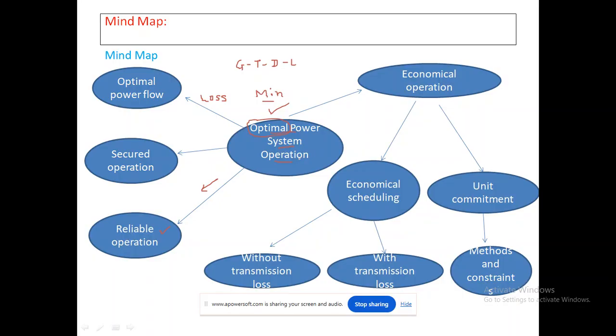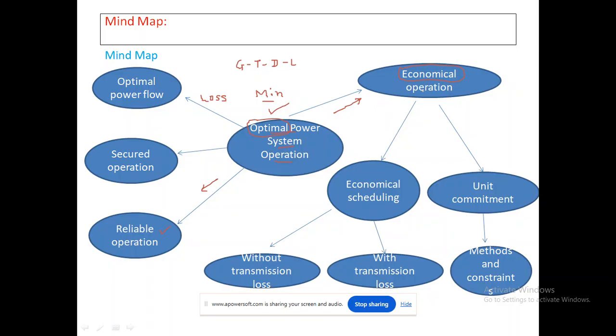Now, apart from these three, we have a very important fourth objective. It is economical operation. I want to operate my power system so that the system is economical. The total cost incurred for generation, transmission and distribution to the load should be minimum.